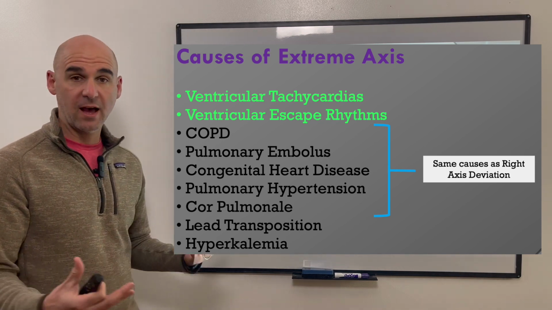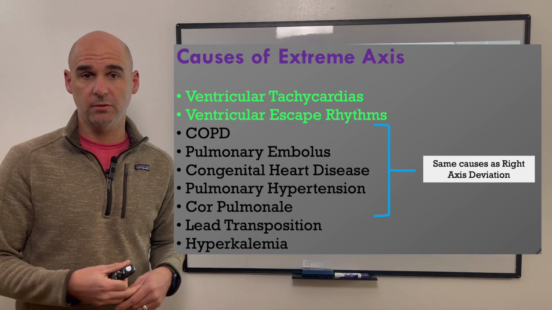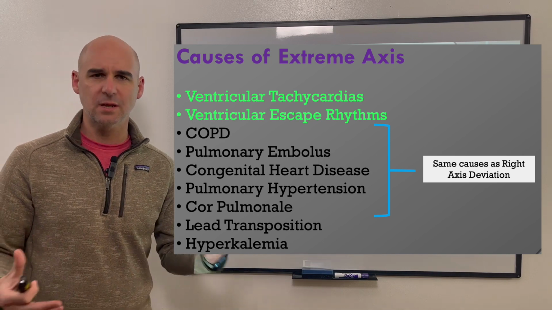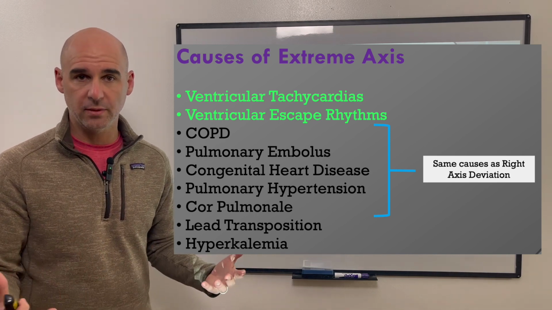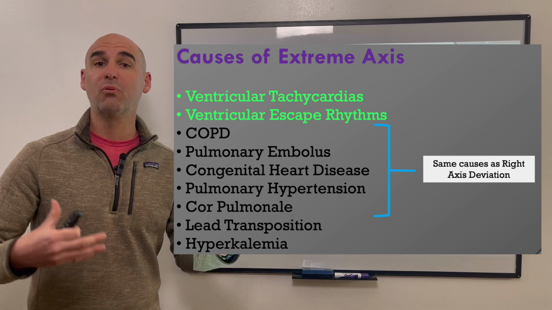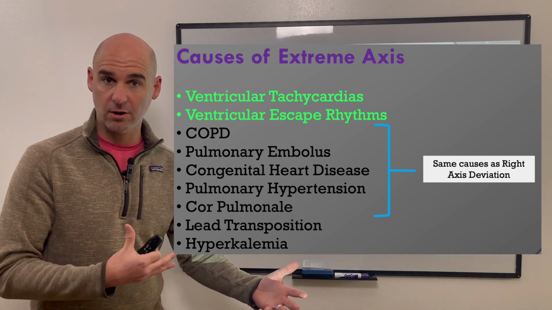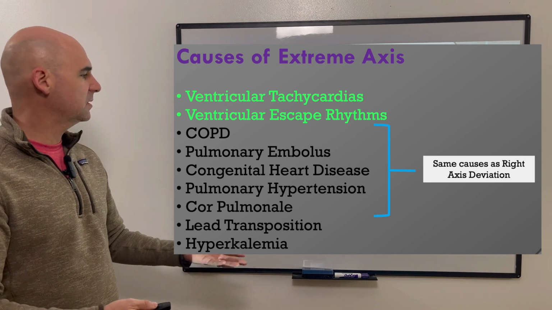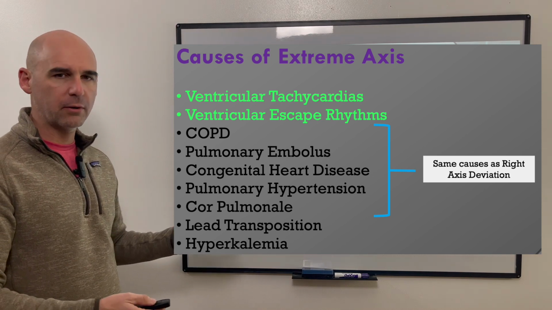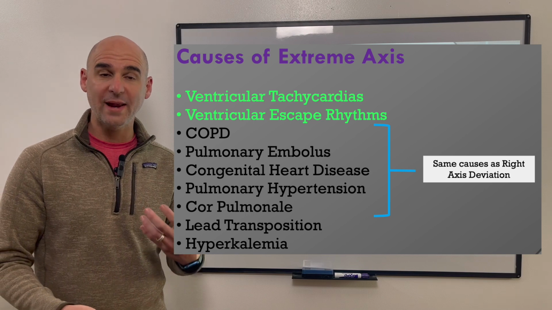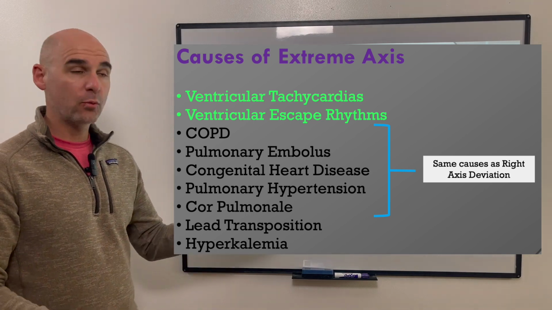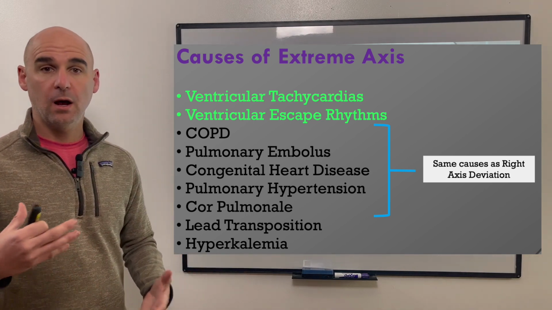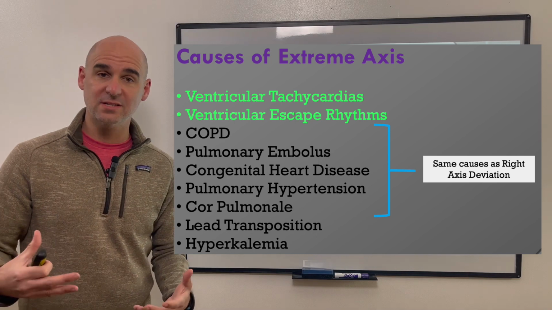Beyond that, we can also have non-tachycardic ventricular rhythms, and those are going to be typically summed up as our ventricular escape rhythms. So ventricular rhythms that are bradycardic in nature rather than tachycardic. And then we can also have COPD, pulmonary embolism, all these pulmonary-like diseases or right-sided heart failure diseases that really are the same as the causes for our right axis deviation.